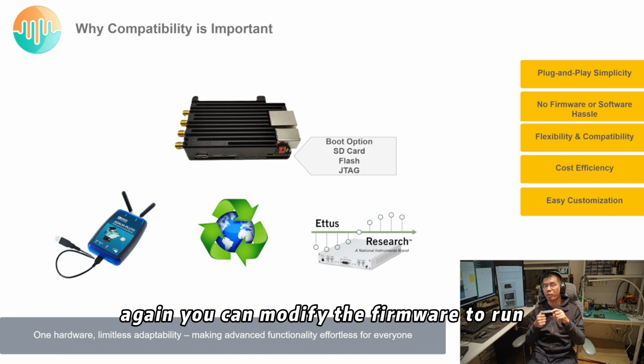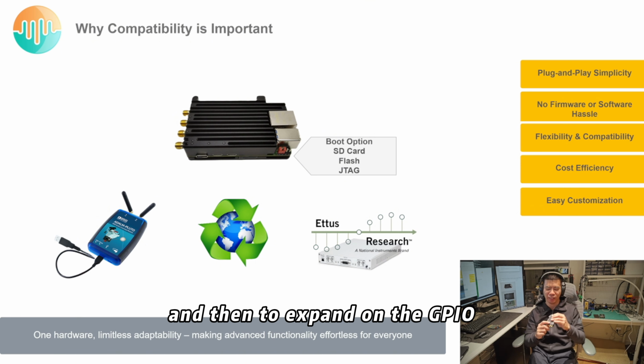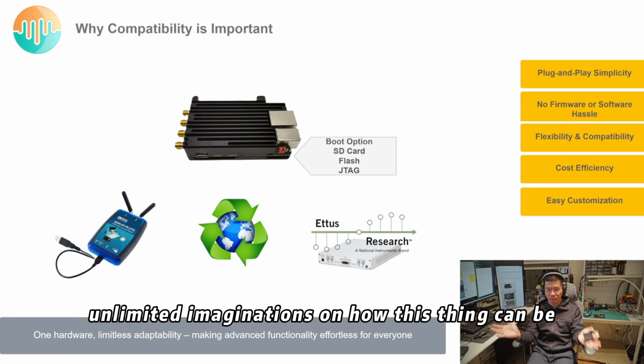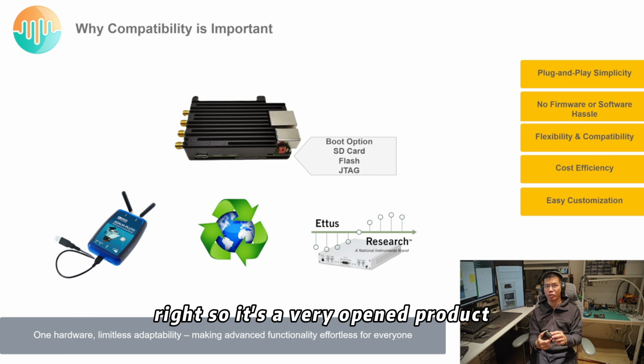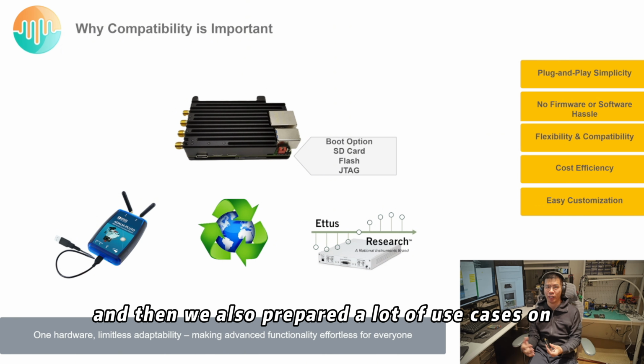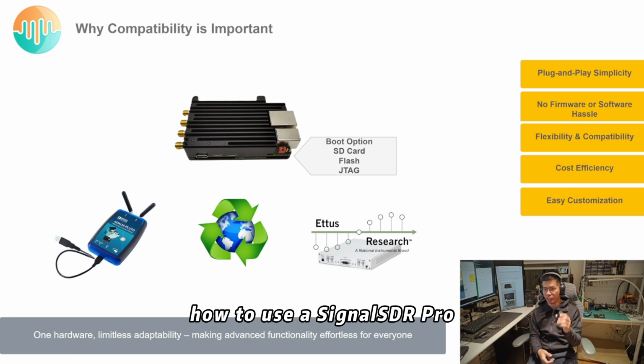Again, you can modify the firmware to run and to expand on the GPIO. So you have very, very unlimited imagination on how this thing can be, right? It's a very open product. All the code is on our GitHub repo, and we also prepared a lot of use cases on how to use Signal SDR Pro.